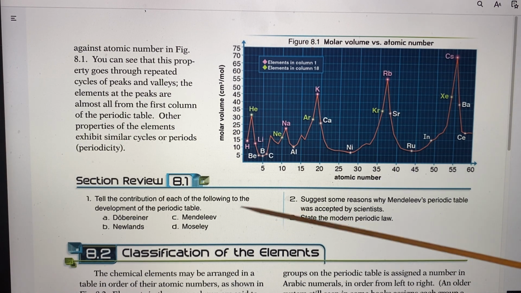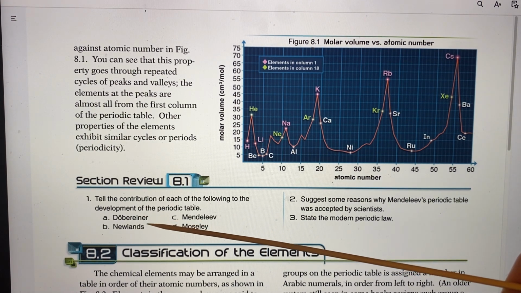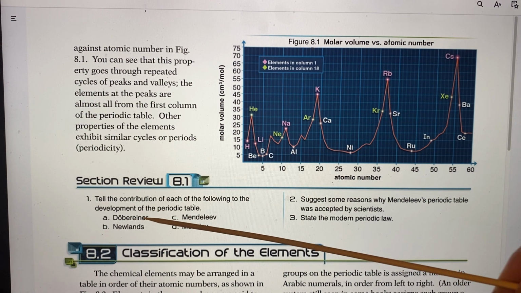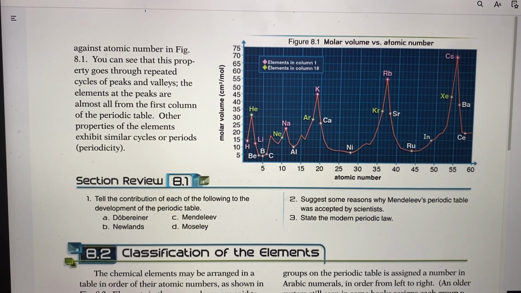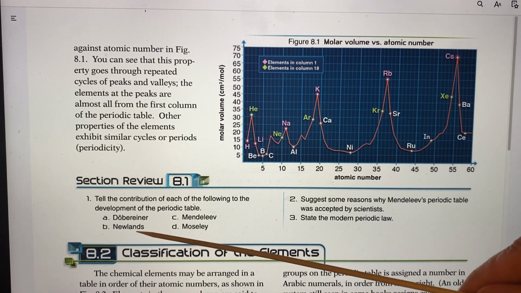Let's look over your section review really quick, because these will probably be pretty easy questions, since I've already gone over them. Tell the contribution of each of the following to the development of the periodic table. Dobereiner, remember, he put together those triads, elements that look together like threes with their atomic masses. Newlands, as we said, put together the octaves in eights, right?